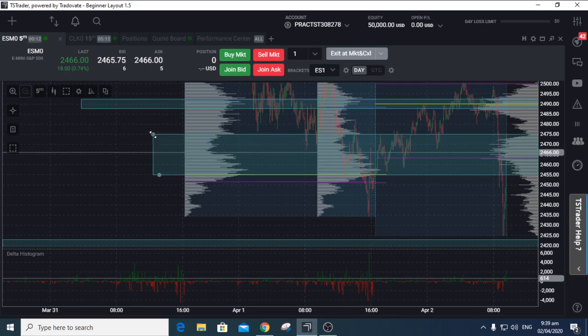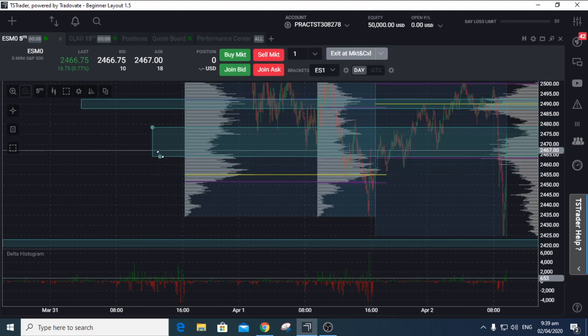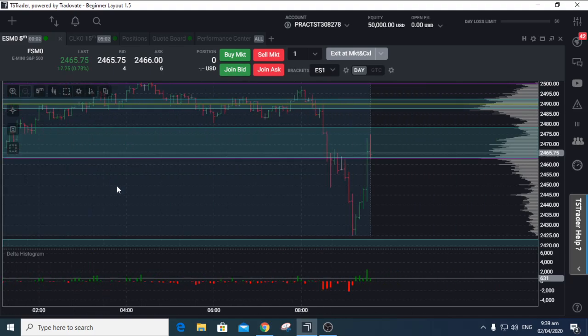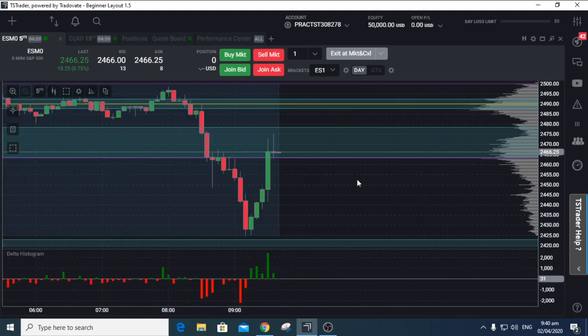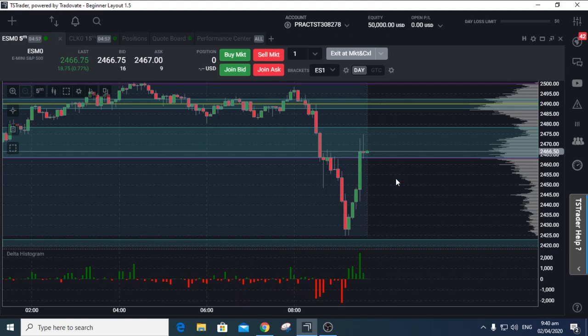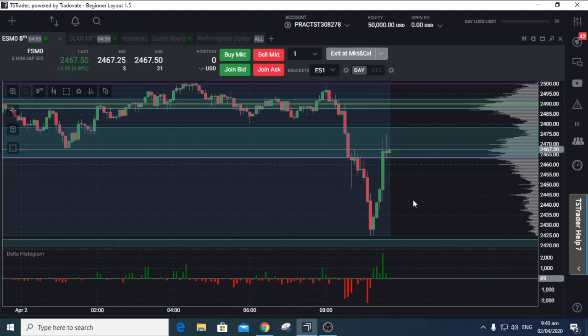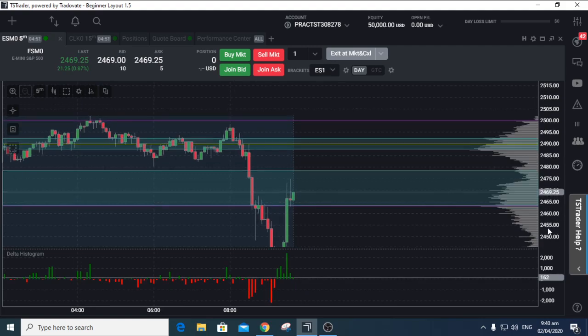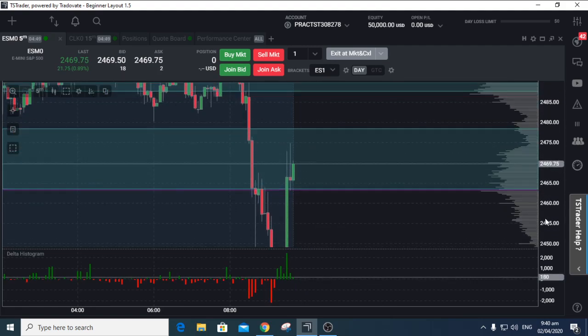You look at the delta, you look for the exhaustion candles. You wait for the proper time. You're looking for your 10 o'clock execution. You're within the zone.